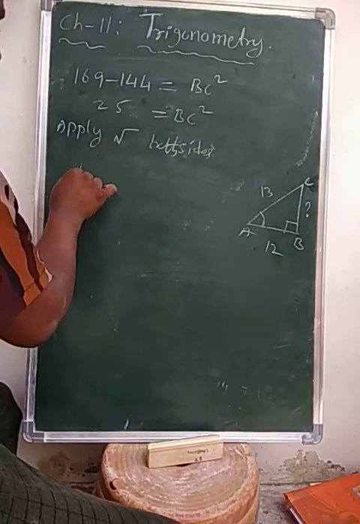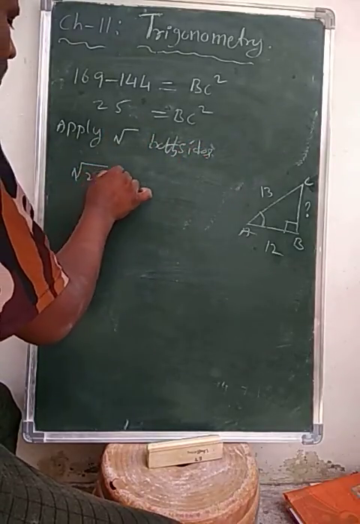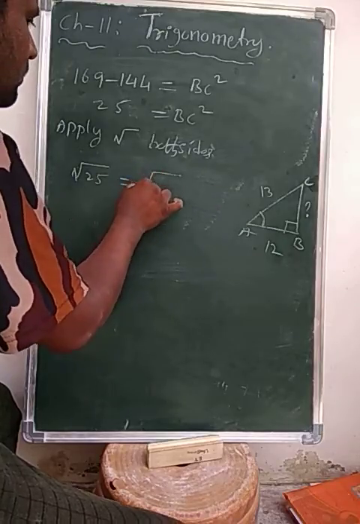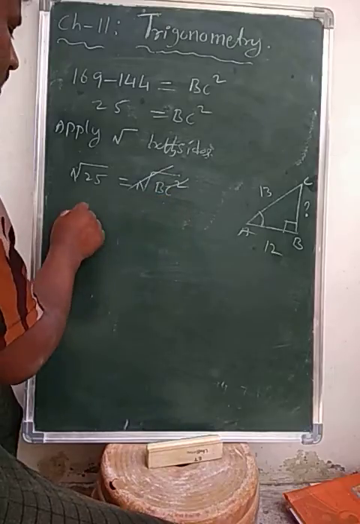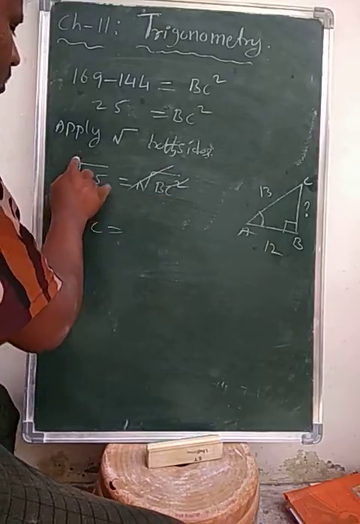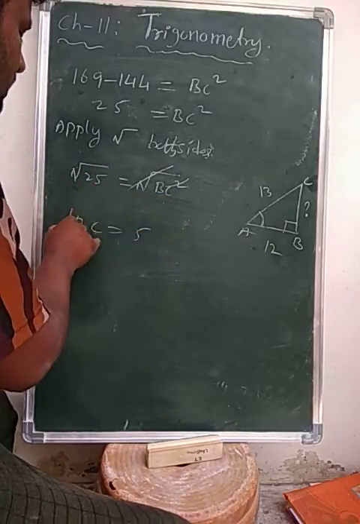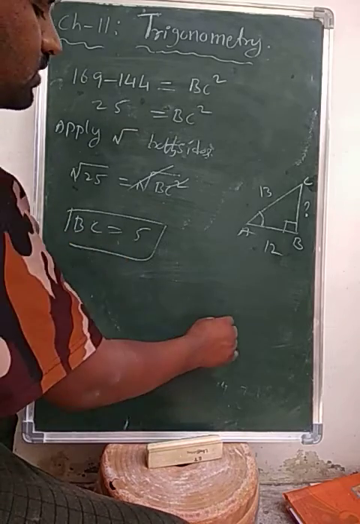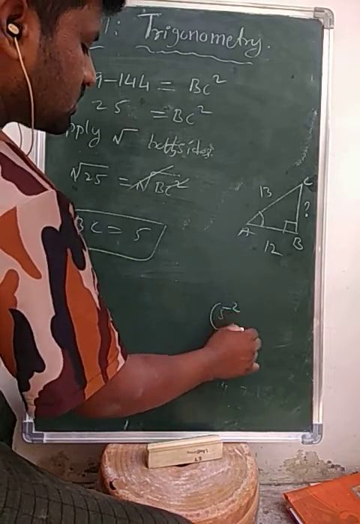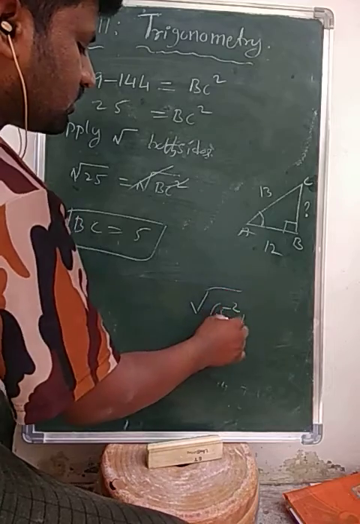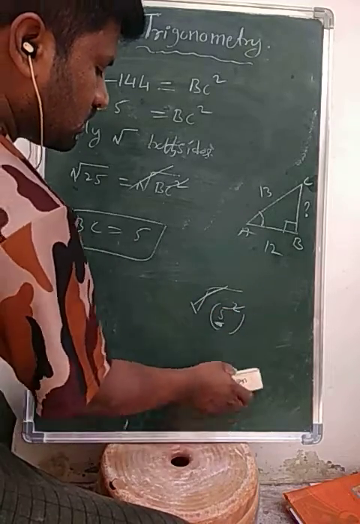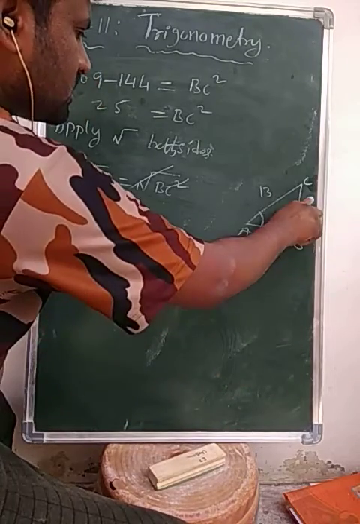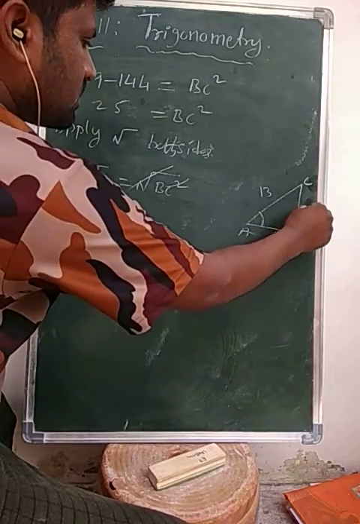Then we get the square root of 25 is equal to the square root of BC squared. The square root cancels the square, so BC is the square root of 25, which is 5, because 5 squared is 25. So the length of BC is equal to 5.